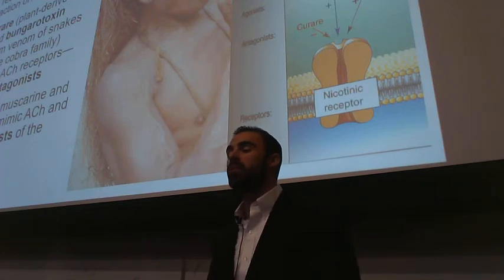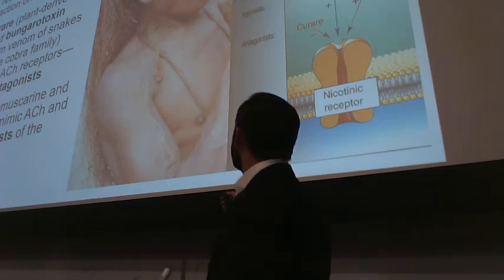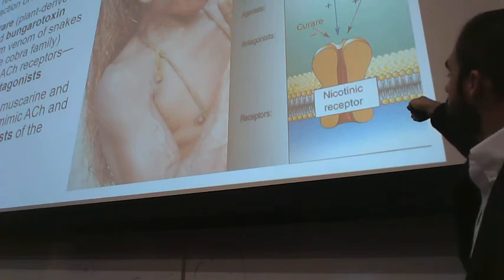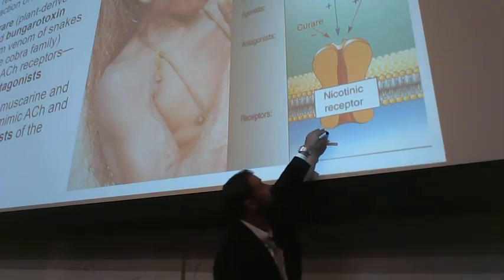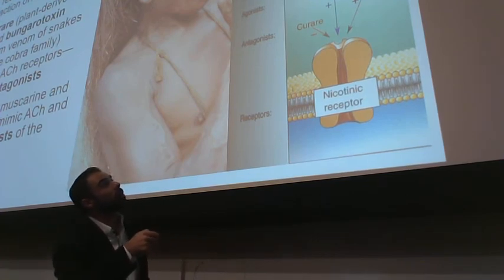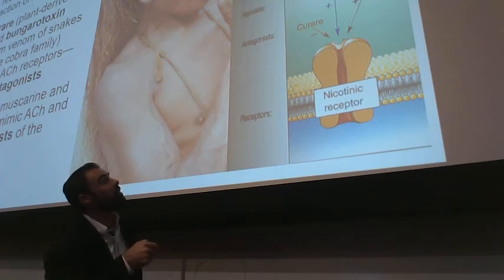Okay, what they do is they block our nicotinic acetylcholine receptor. So here we have our acetylcholine receptor, okay, and it usually responds to acetylcholine, the black arrow, but you could have something like curare which comes in and blocks it.